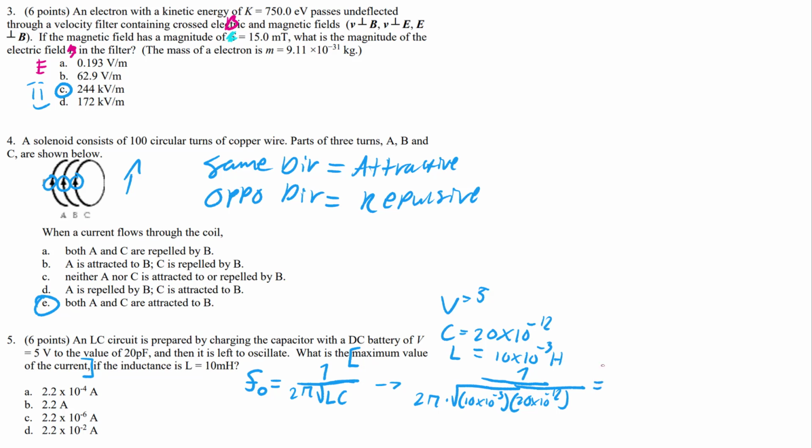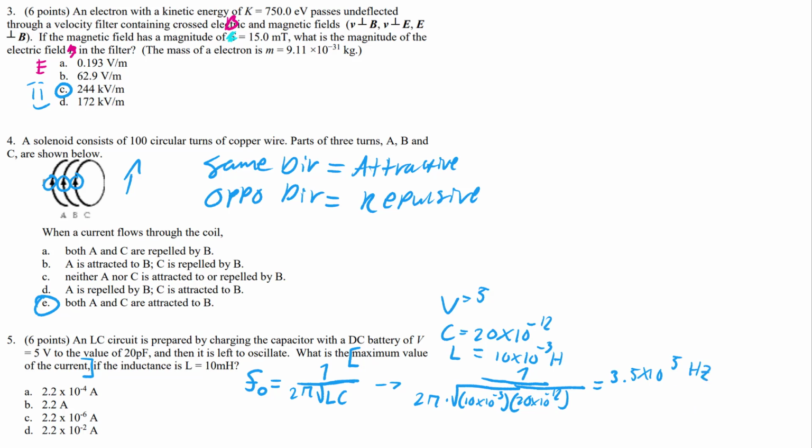It turns out that your frequency, if I'm not mistaken, is a fairly large number, pretty ugly too. It's around 3.5 times 10 to the 5th, and let's call that hertz. Okay, so that's our frequency now.